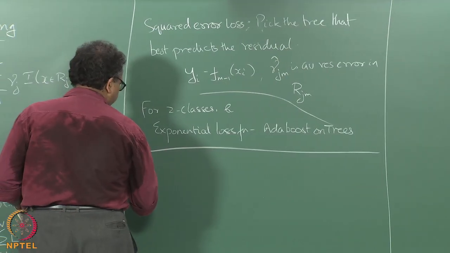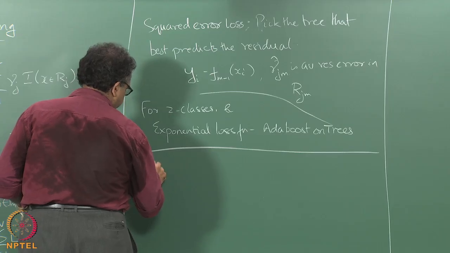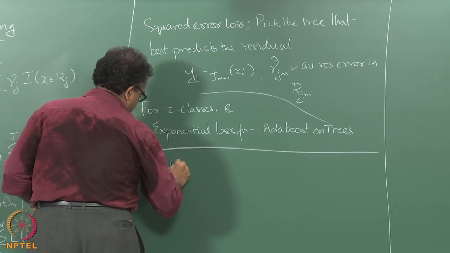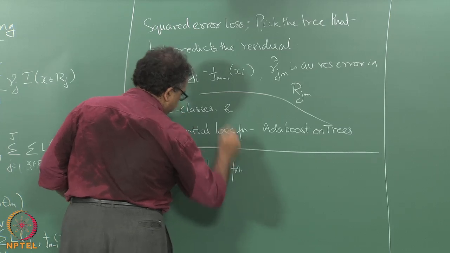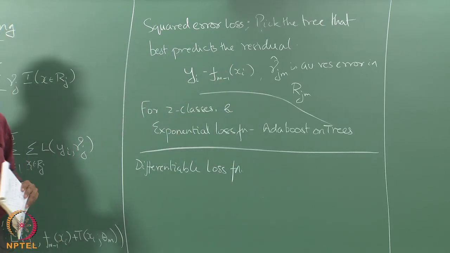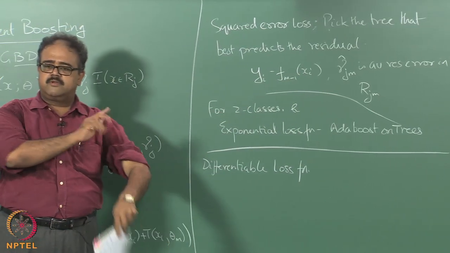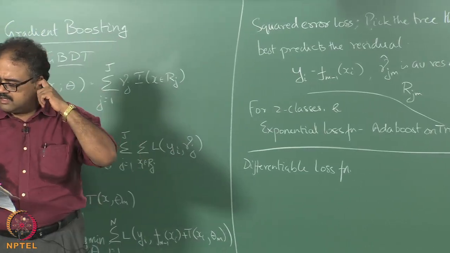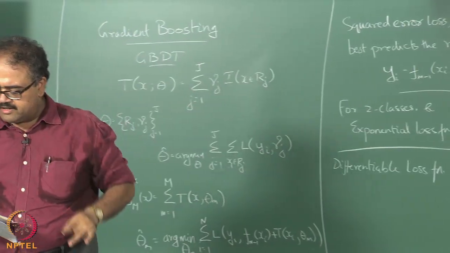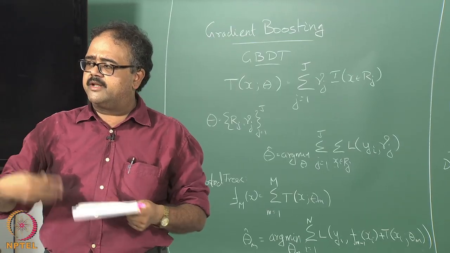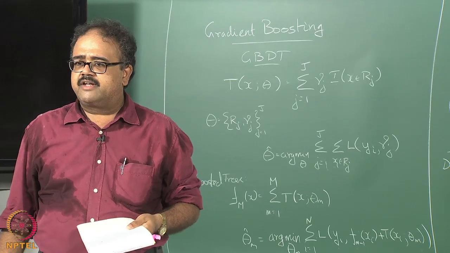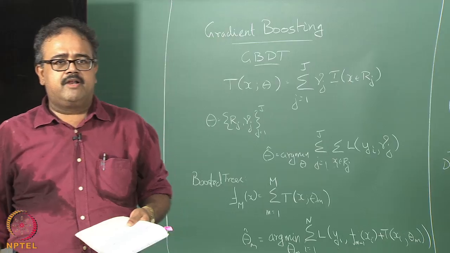Suppose I have some differentiable loss function, some loss function which I can take the derivative of. If I want to take a numerical approach to optimizing this kind of loss function, what will I typically end up doing?